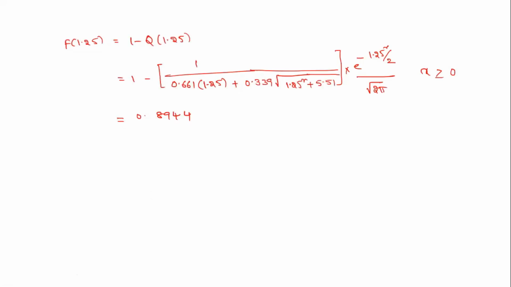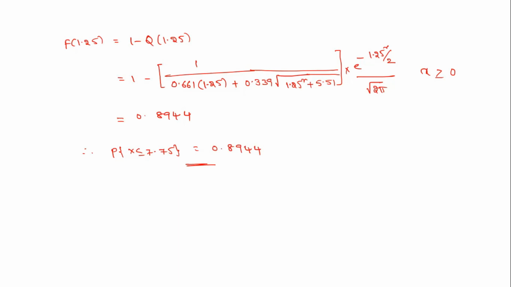By simplification the value is 0.8944. Therefore, for the given problem, the probability of X less than or equal to 7.75 is 0.8944.